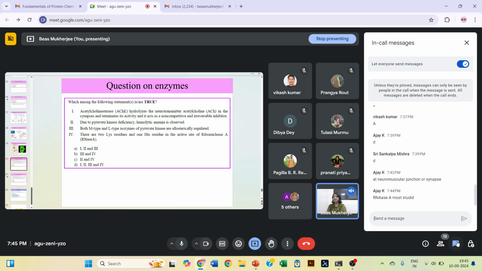So acetylcholinesterase hydrolyzes the neurotransmitter acetylcholine in the synapse and terminates its activity, and it acts as a non-competitive. Which of these is true? You're saying that it is 1, 2 and 3, all of these are true. And then you're saying that all the 4 are true.